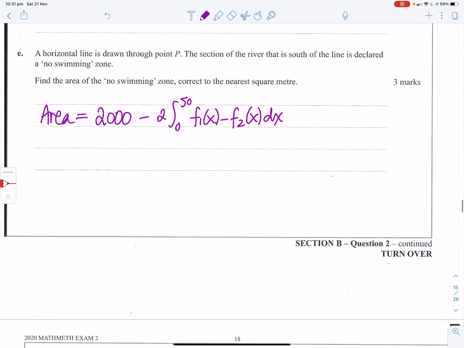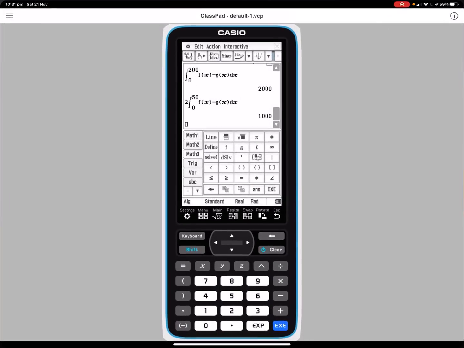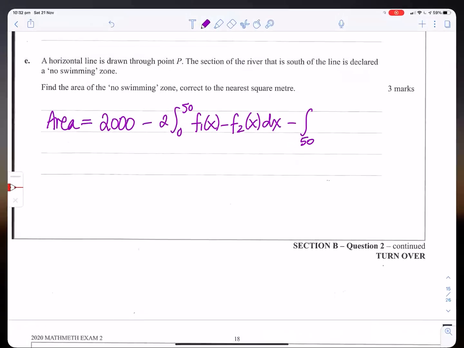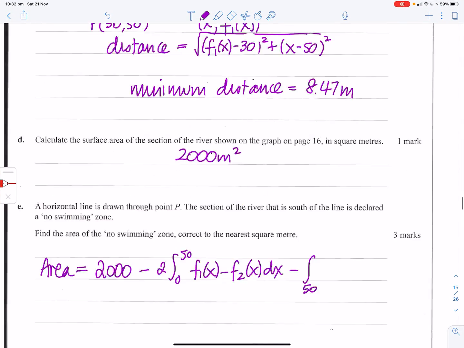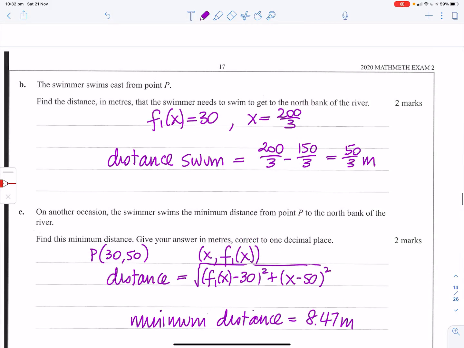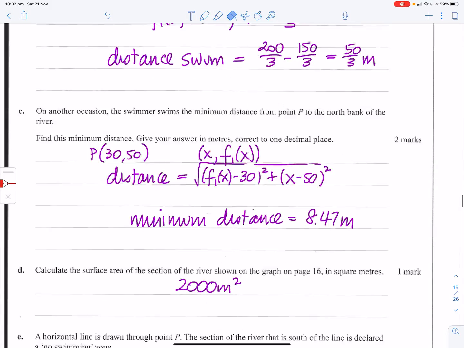And then we also want to subtract from 50. We worked out what that other value was before when we did the horizontal distance. So the horizontal distance is 50 on 3.